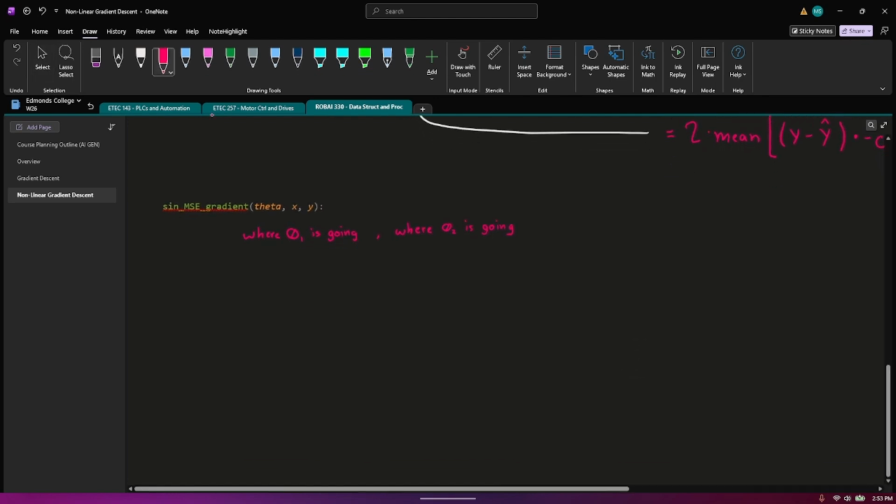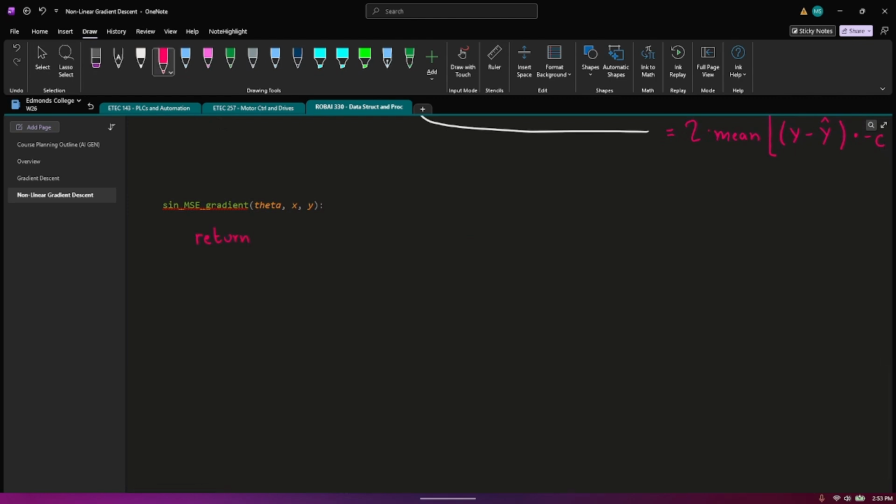So to implement that, we'll say return, and first we want to make a numpy array, so I'll do np.array, and we'll construct our array here.